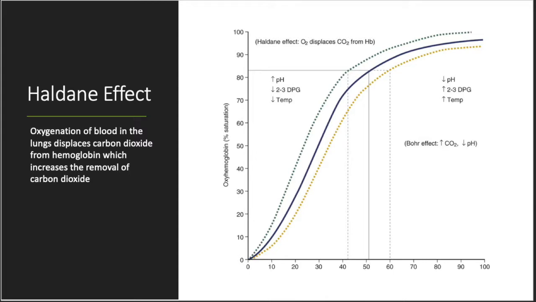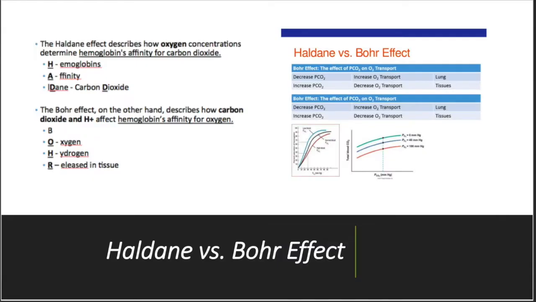So those are basically the two things that I wanted you to know roughly about the Bohr effect and the Haldane effect. It gives you a little bit more insight into what it does and how the oxyhemoglobin dissociation curve works. Now, one of the easier ways to remember this is that the Haldane effect describes how oxygen concentrations determine hemoglobin's affinity for carbon dioxide.